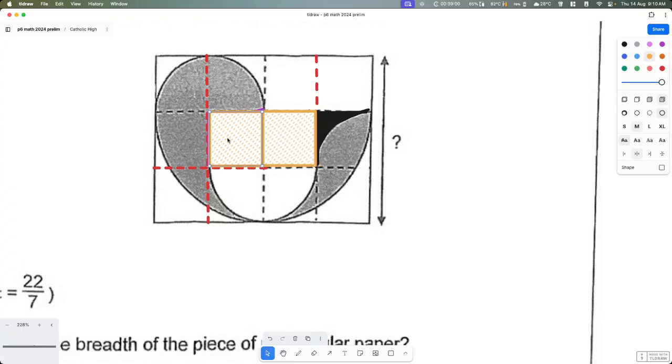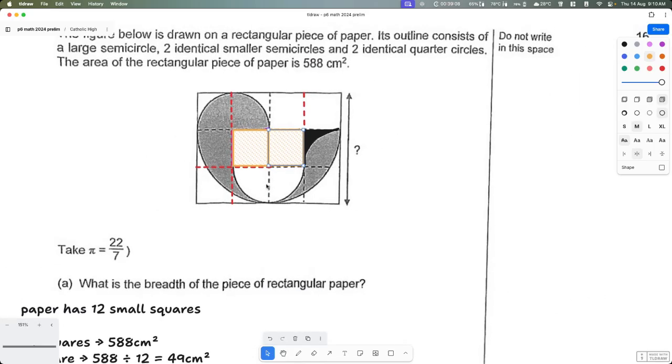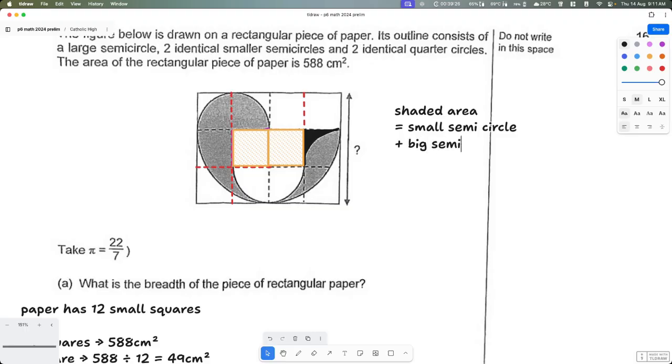So basically we just have this whole semicircle minus 2 squares and then minus a semicircle. So I'll write here as well.